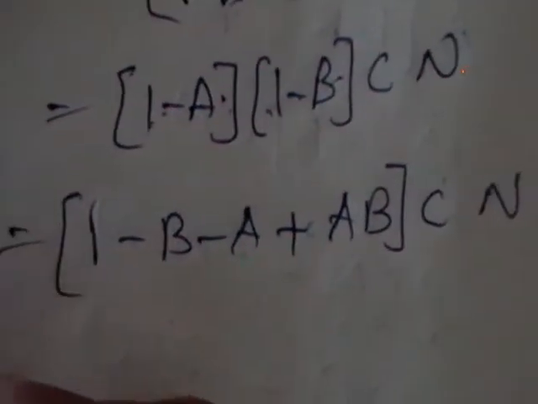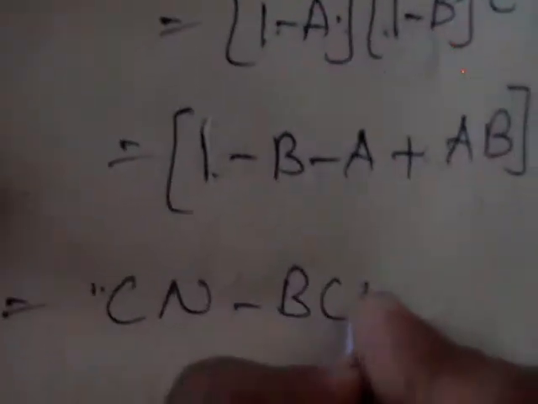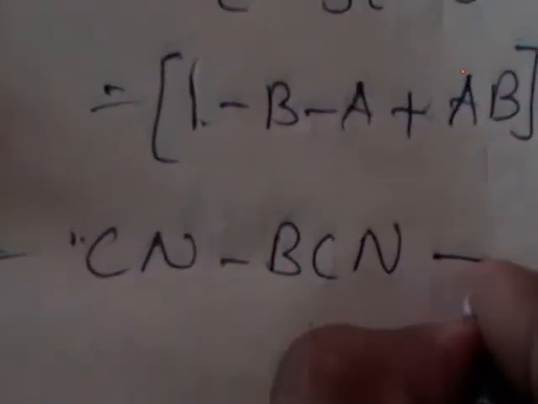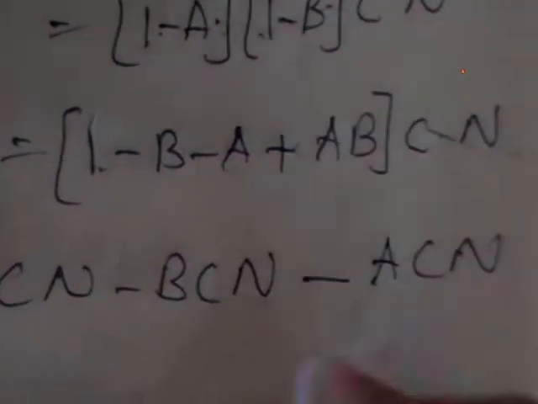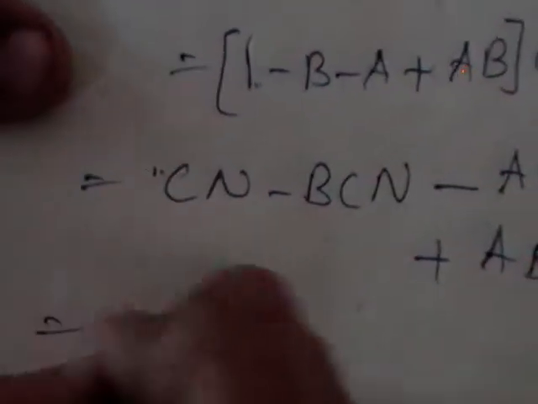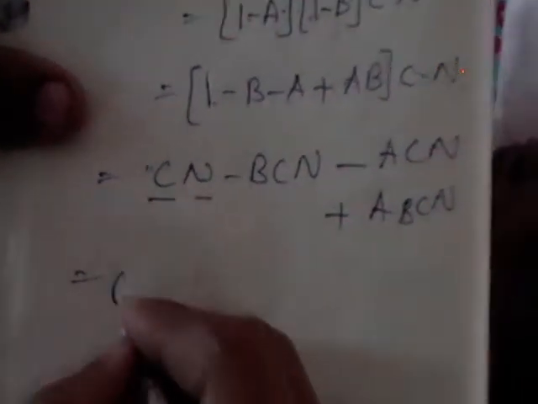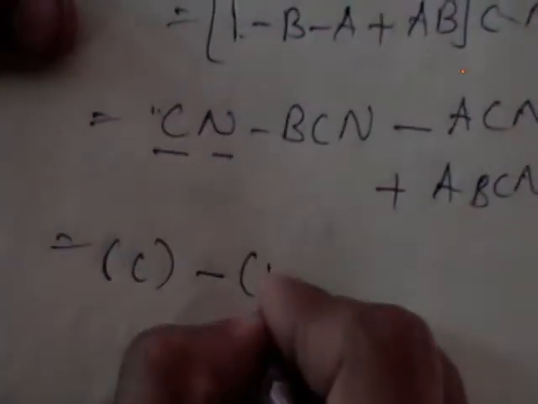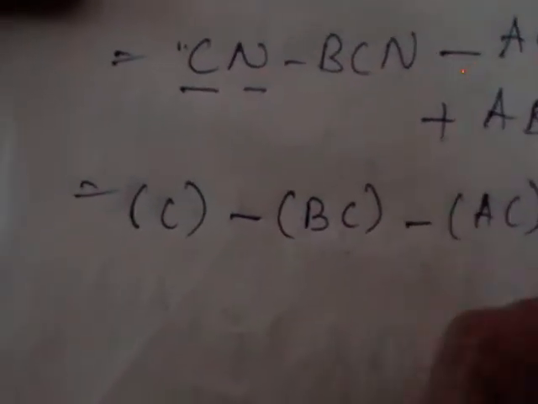We multiply here, you will get 1 into CN minus BCN minus ACN plus ABCN. So this C into N can be written as C minus BC minus AC plus ABC.